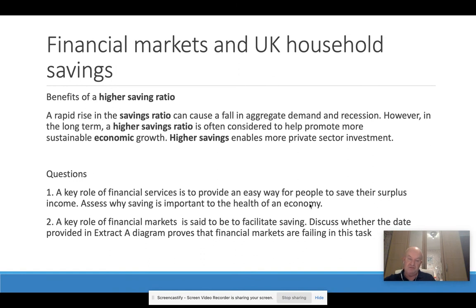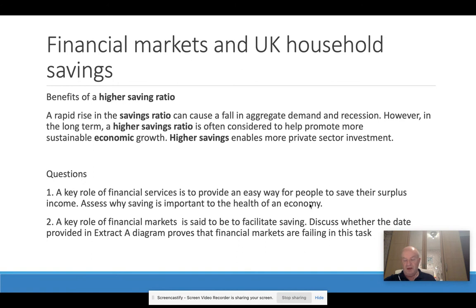Okay, but if we take a look at the longer term, a high savings ratio is often considered to help promote more sustainable economic growth, because like we said before, higher savings rates enable more private sector investment in the longer term.